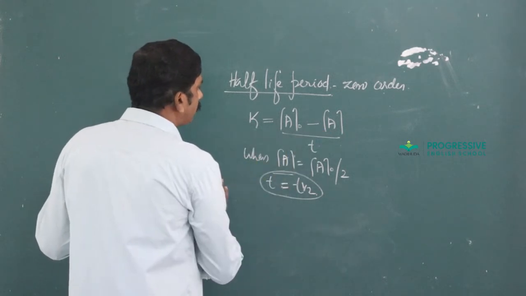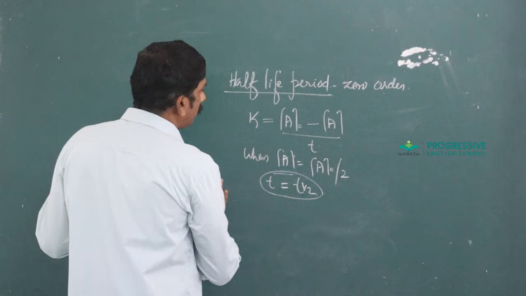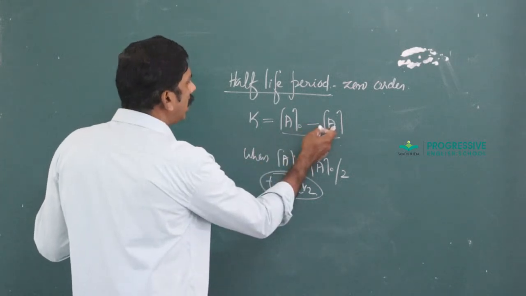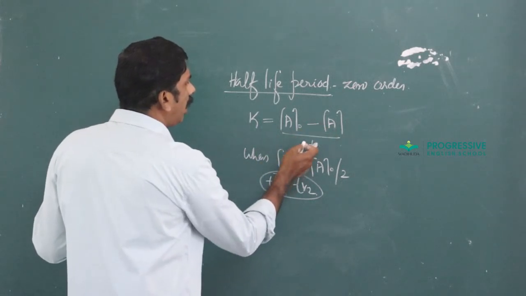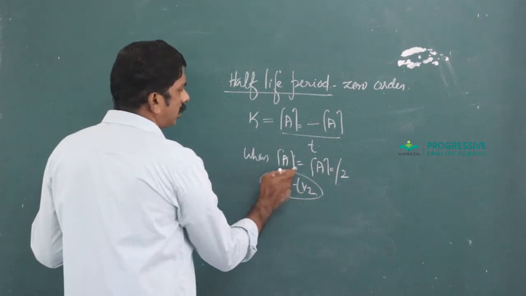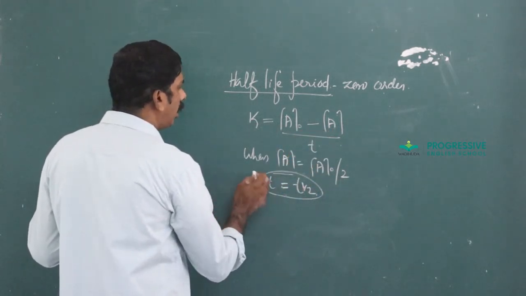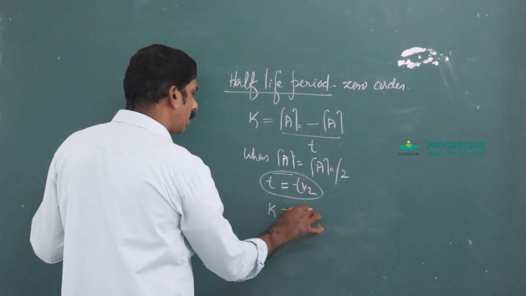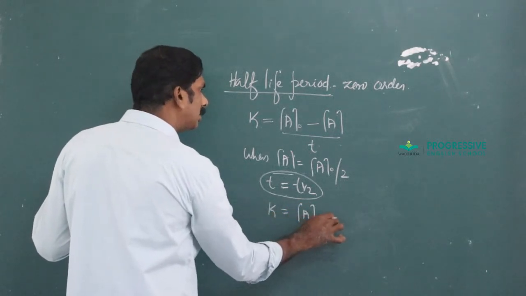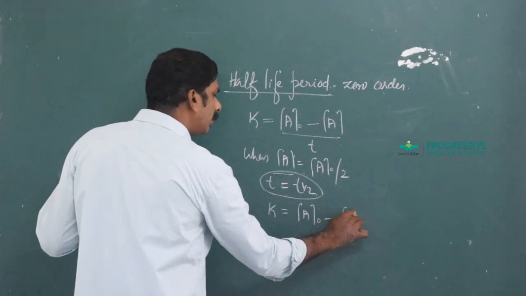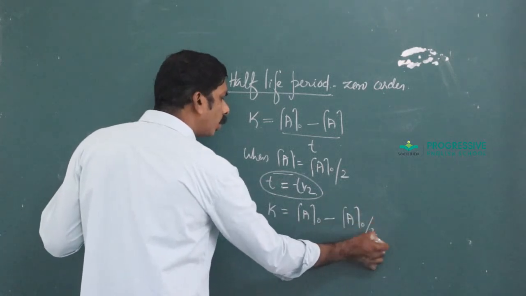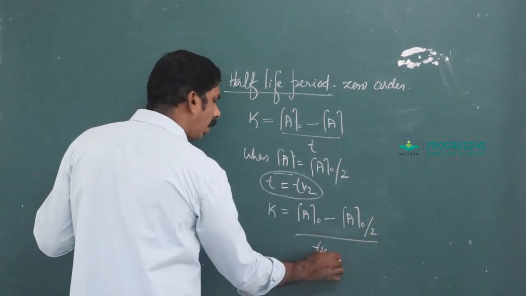By substituting the value of A as A0 by 2 and T as T half, this expression becomes K equal to A0 minus A0 by 2 divided by T half.